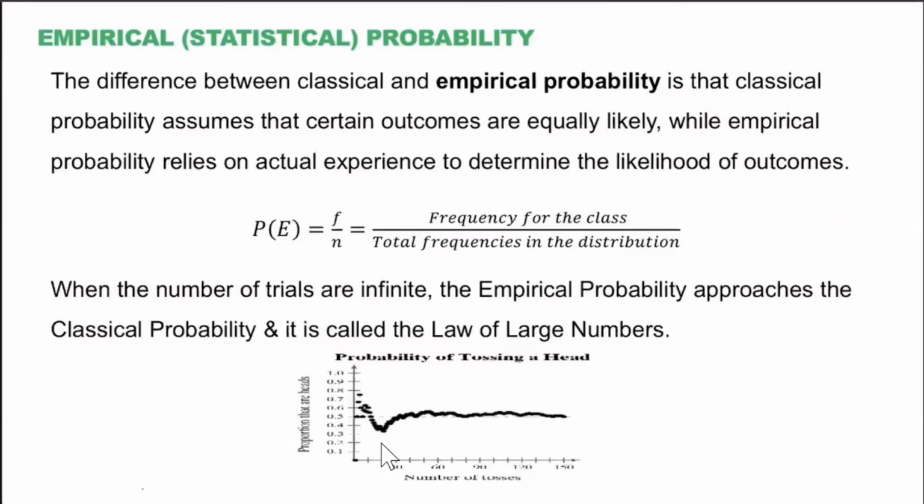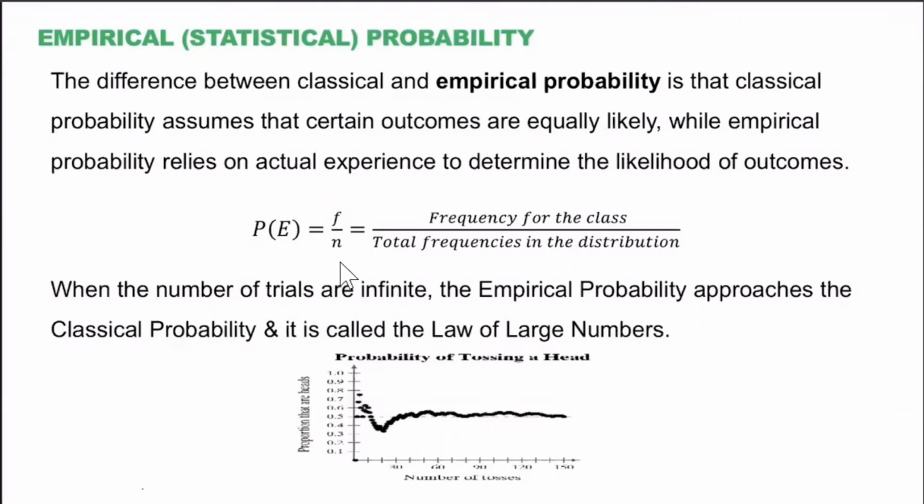So the meaning of that is, if you perform the experiment a large number of times, then the result that you obtain by recording this data will be approximately equal to what the classical probability was saying, 50%, 50%. So what do we say? When the number of trials is infinite, the empirical probability approaches the classical probability.